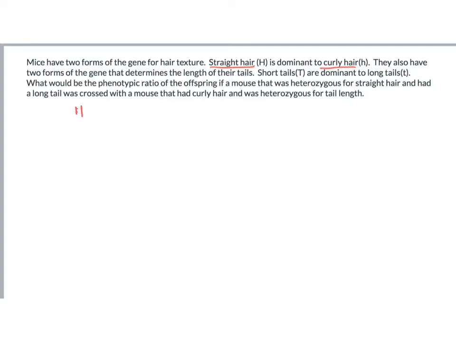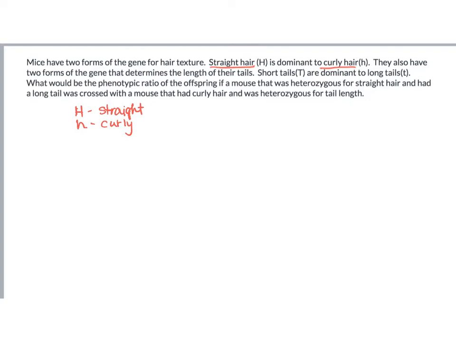So we have H, capital H for straight, and a small h for curly, right? They also have two forms of the gene that determines the length of their tails.